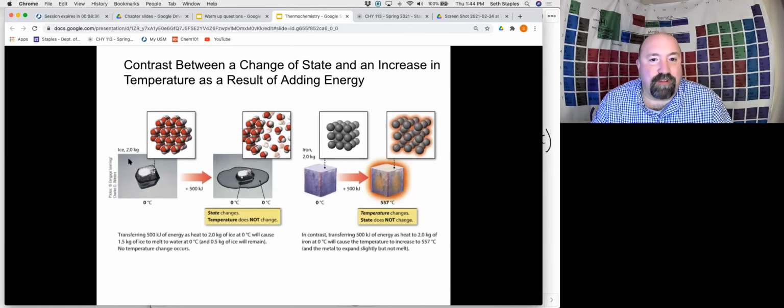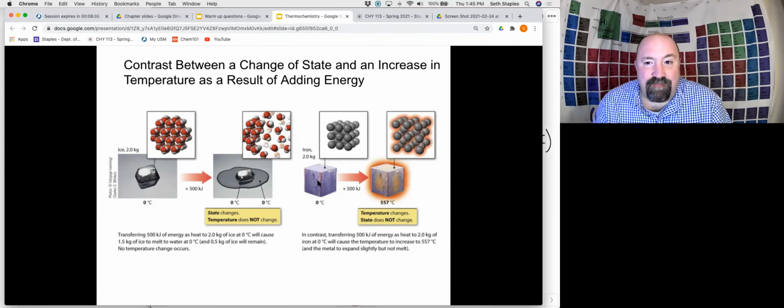If you have a sample of pure solid water at 0 degrees C, and we start to add energy into that, it's going to melt. But all the energy going into it just goes into changing the phase until all the ice is gone. The temperature will not change as long as it is still melting.